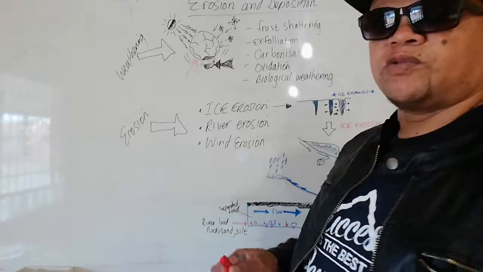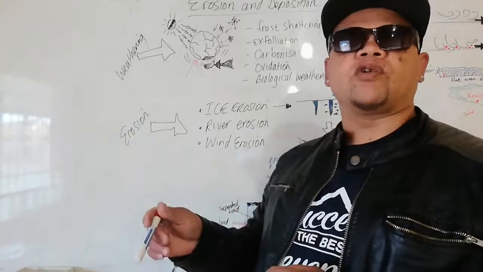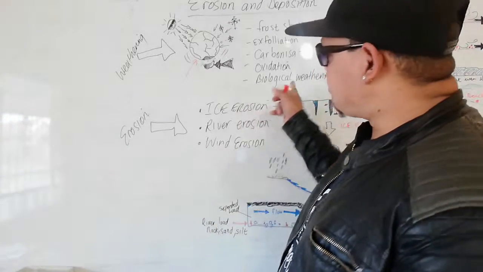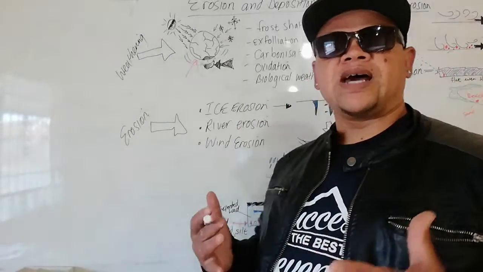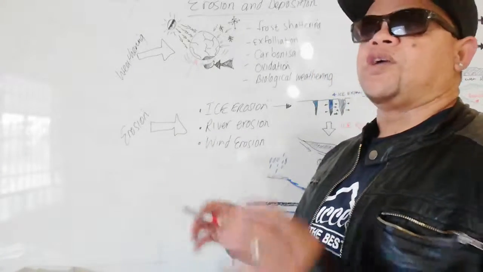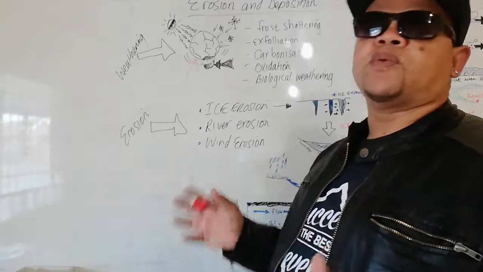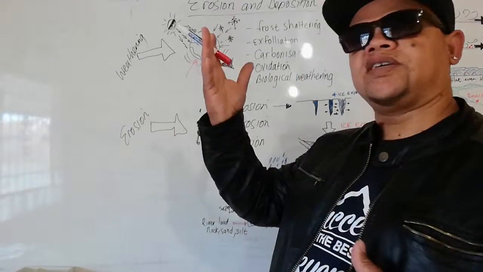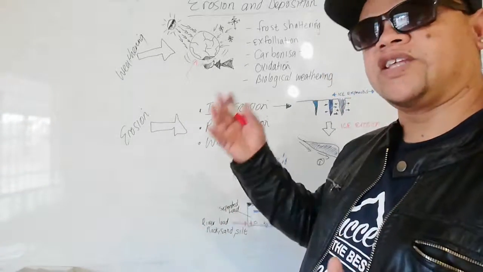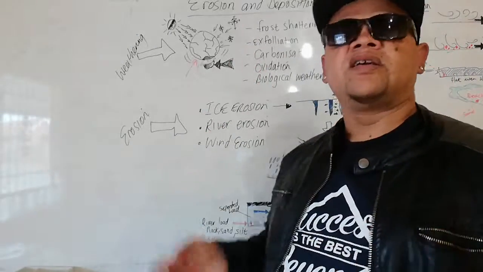With biological weathering, we talked about plants growing into rocks. Then we also talked in the previous video about people. Biological weathering mainly has to do with plants and animals. You have the moles digging holes and making tunnels in the ground and pushing up soil, exposing rocks and sand to the elements, where they would be exposed to heat, cold and so forth, and then go through the process of exfoliation and freeze and thaw.